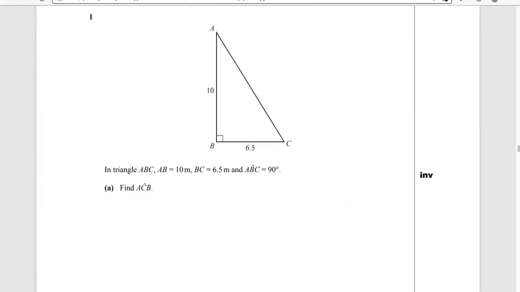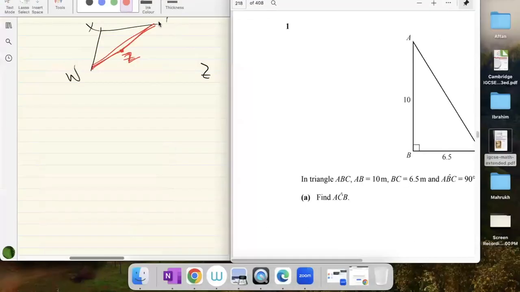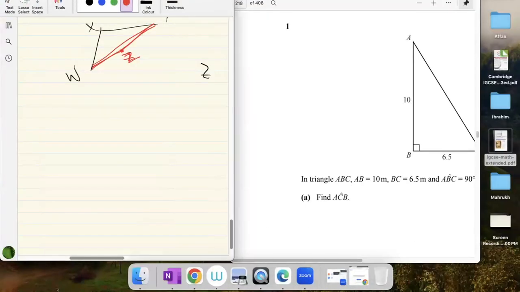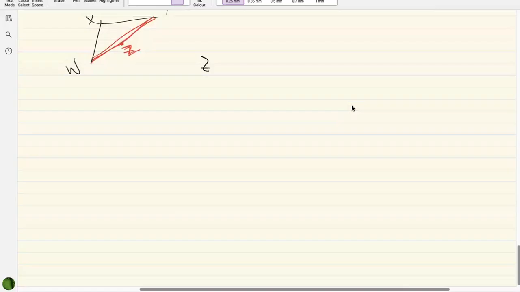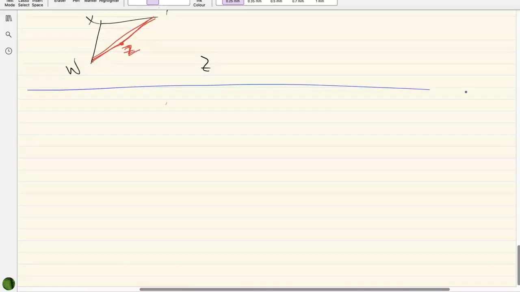Okay, now let's have a walk through a few names of angles and basic concepts, because they always merge angles with polygons. So consider these lines as parallel.